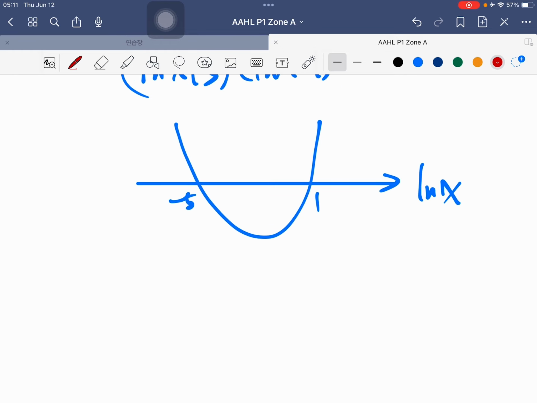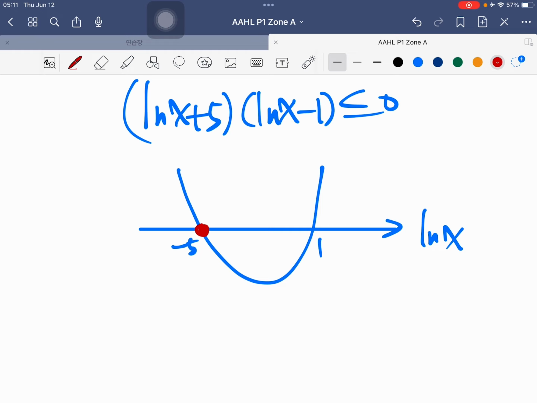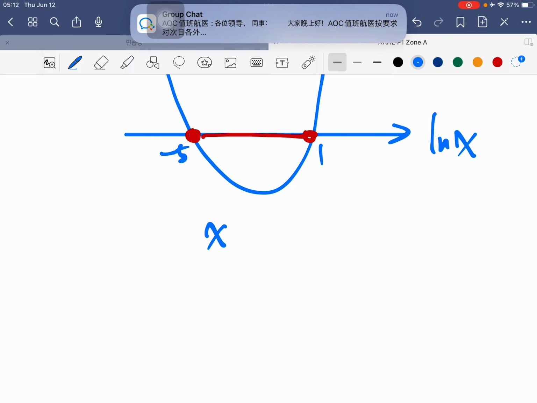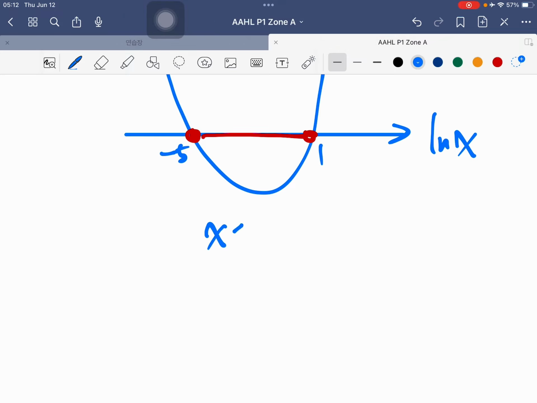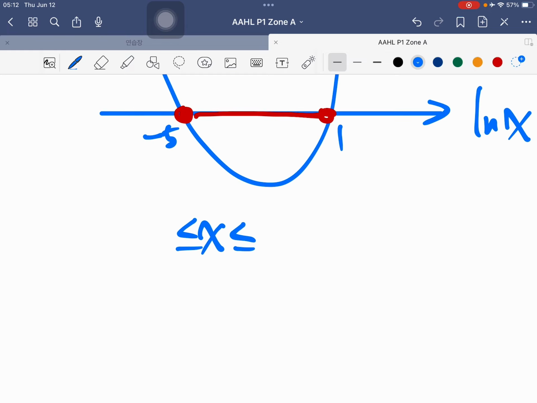So the answer should include both endpoints. So ln x is in between and including both ends, from negative 5 to 1. This will be the answer.